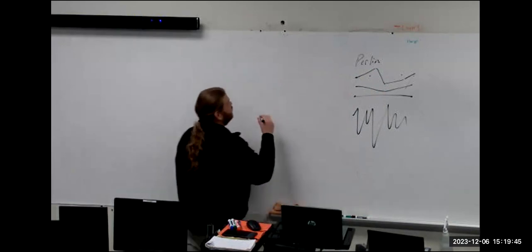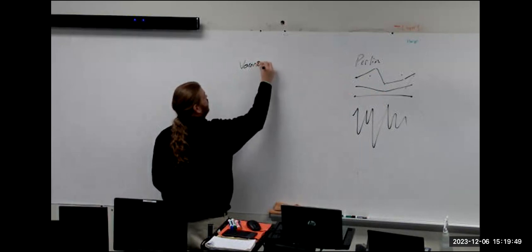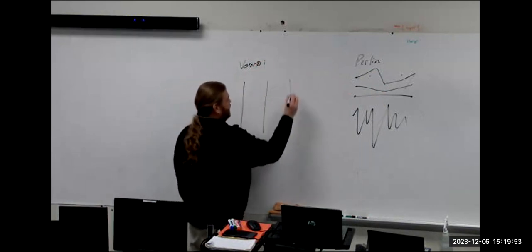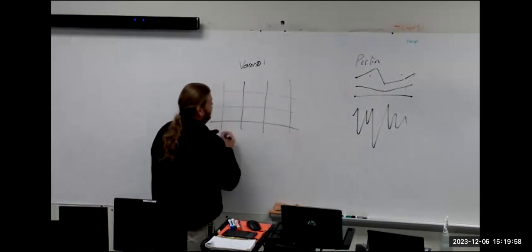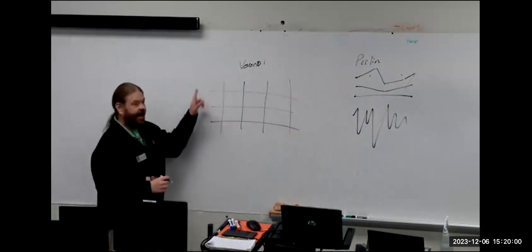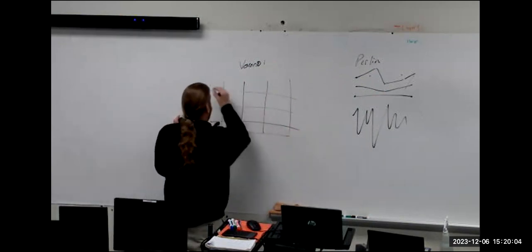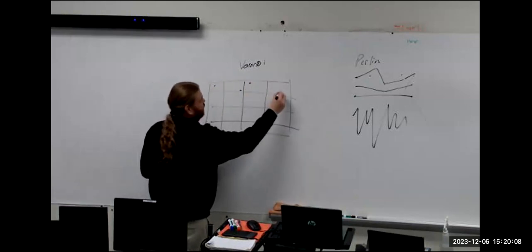So averaging samples. Voronoi: we split things up into a grid. I'll just do like 4 spots here. That'll work. And then we choose one random point in each one of our grids.